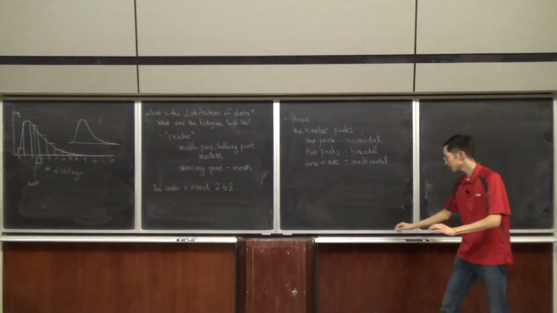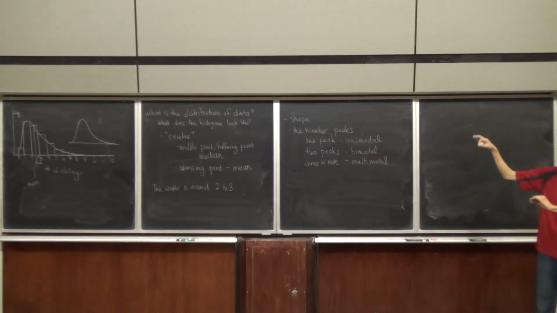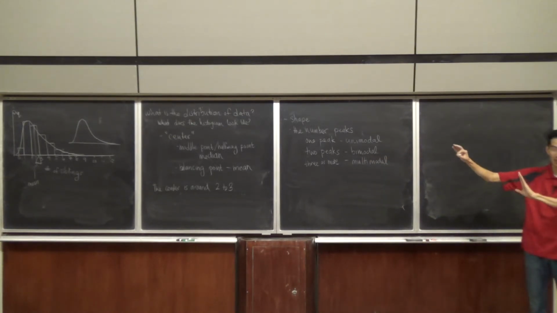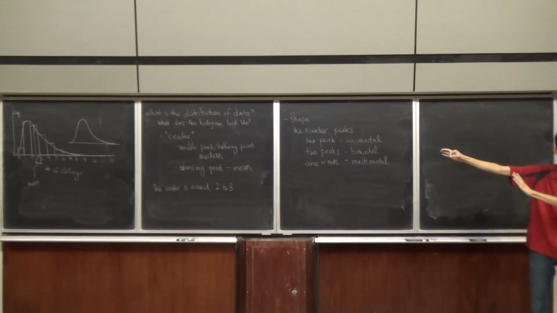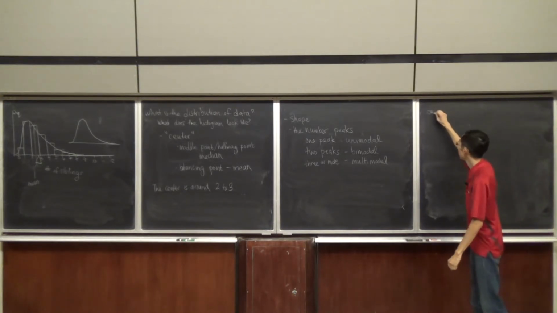Remember when we're making histograms, and I hope it's okay that I'm representing histograms with just smooth curves, but underneath it's really a bunch of bars. Is that okay? All right. So we are representing one numeric variable. Again, we have one numeric variable.